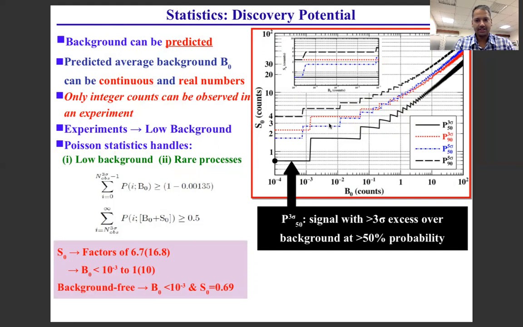We can see that in the background-free scenario, we require at least around 10⁻³ counts, with a signal strength of 0.69. So we have developed these statistics.